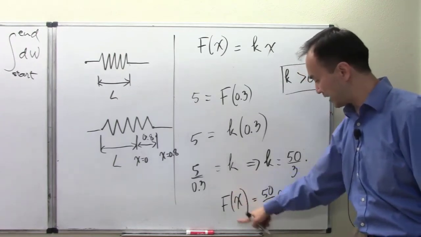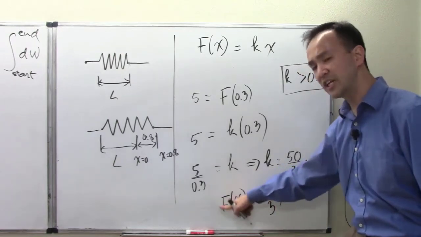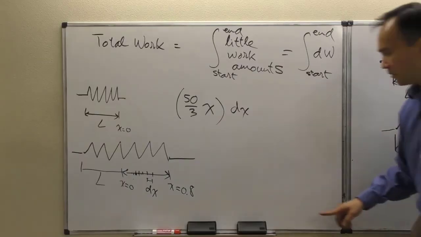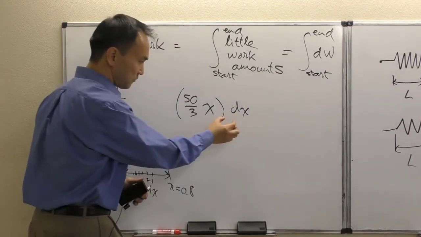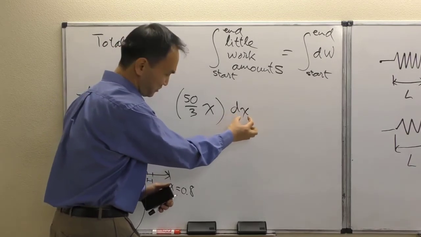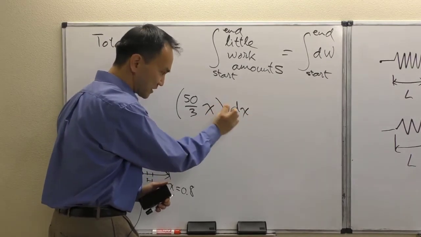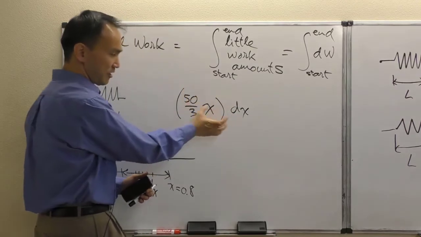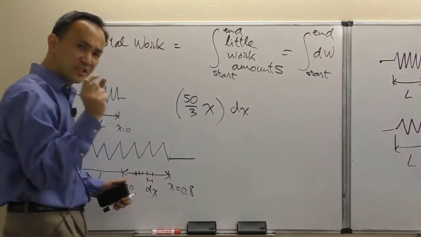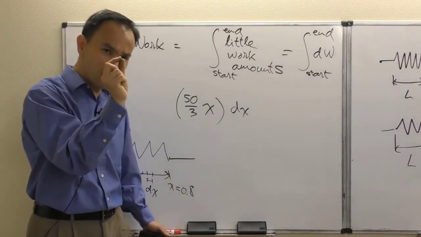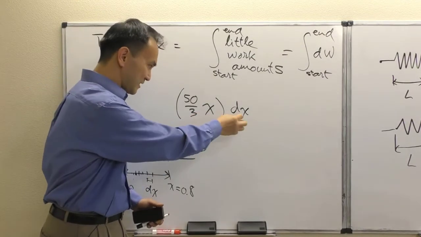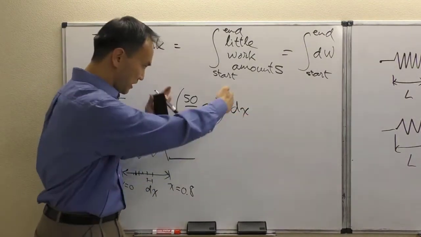Realizing that we have a continuously changing force, I must multiply that force with any infinitesimally small change in distance. This dx is infinitesimally small, only a slight change, and it's already having some work done on it. So this is some little work amount.